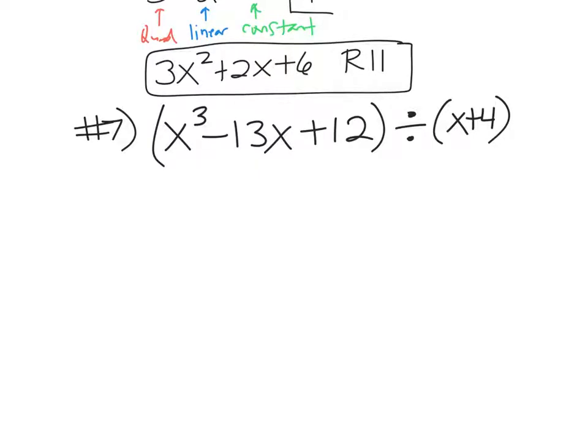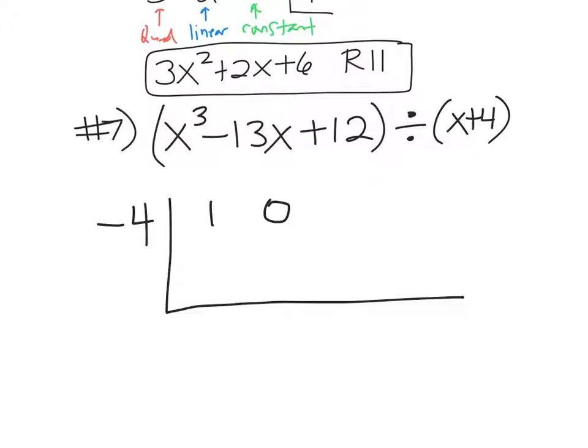All right, so we're going to take the opposite. We have x plus 4, so we're going to put negative 4 on the outside. We're going to turn our division sign upside down. And then be careful. Don't start writing your numbers in yet. We have a 1x cubed and a 0x squared.